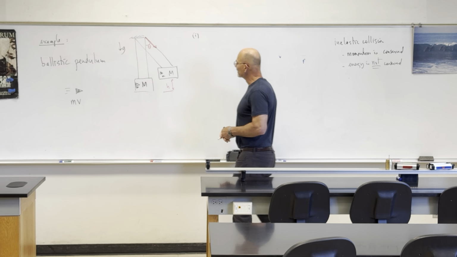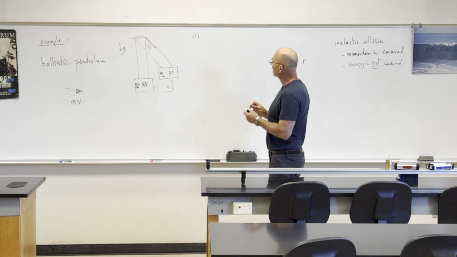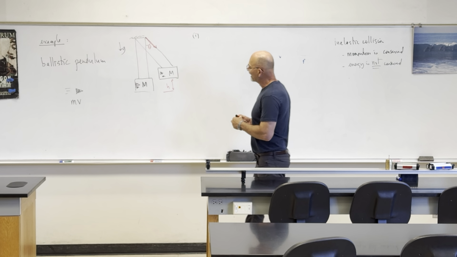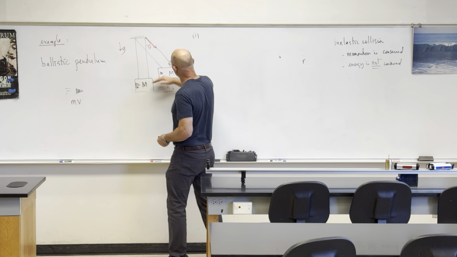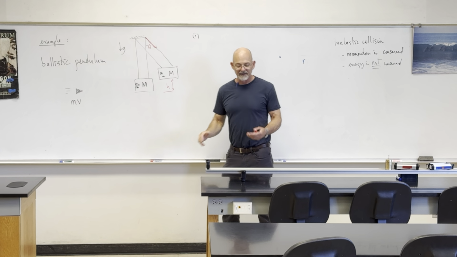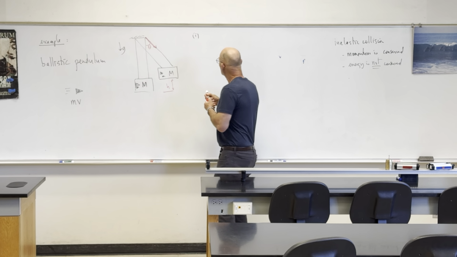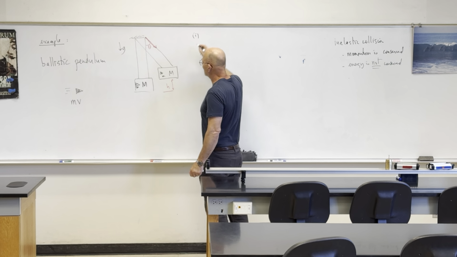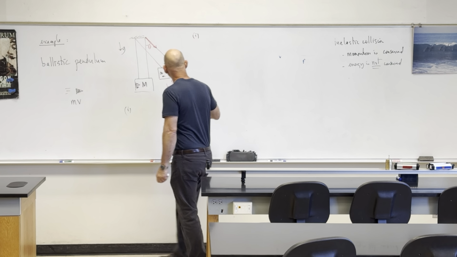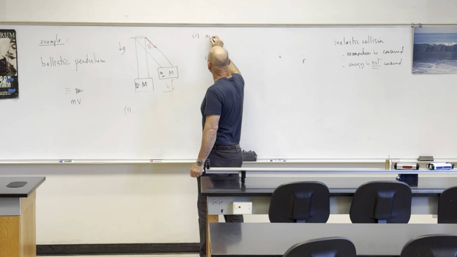So the height is available. And that's the whole thing, right? You fired a bullet at this thing, it swings up, swings back and forth, but now you've got the final height. So the first thing we have is momentum conservation.